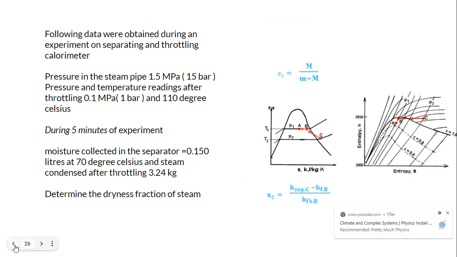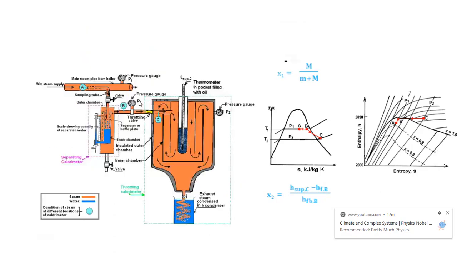Steam which is condensed after throttling means this is the steam, and it is then sent to the condenser, and that steam which is in gaseous form is condensed and becomes liquid, and this volume is again noted.